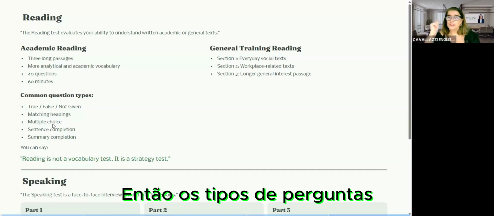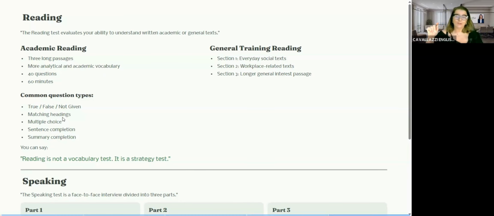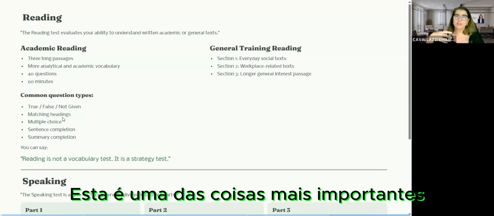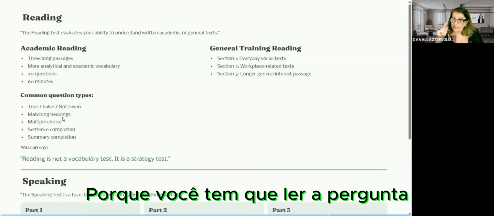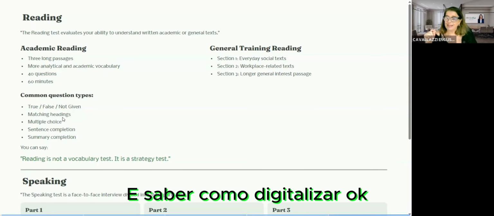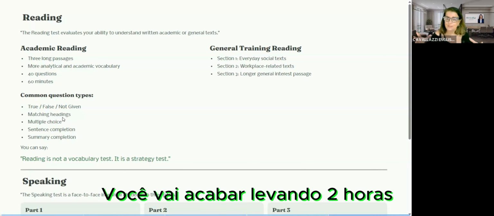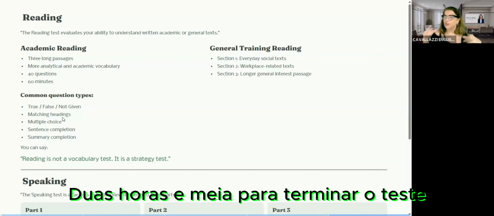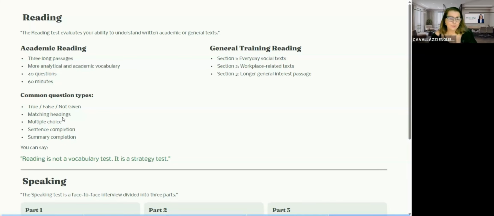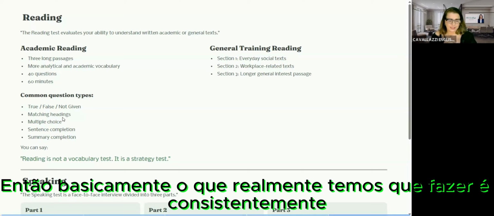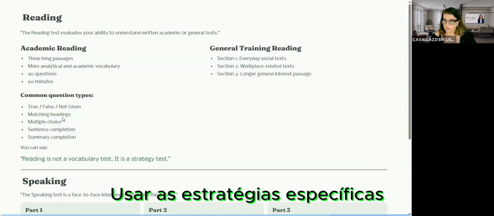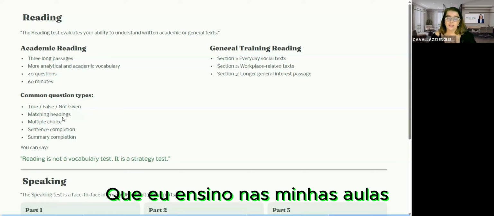And there are also different types of questions. This is one of the most important things because you have to read the question and know how to scan, okay? I teach how to do scanning because if you don't scan, you'll end up taking 2 hours, 2.5 hours to finish the test. So basically, what we really have to do is consistently use the specific strategies that I teach in my lessons.